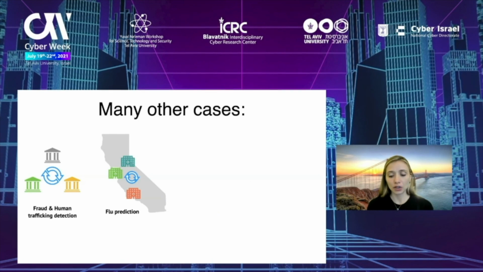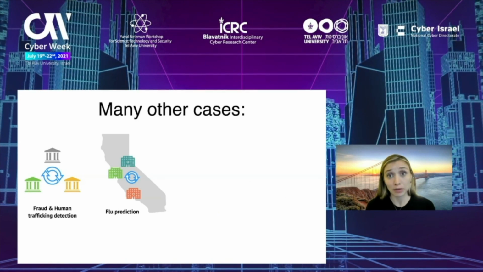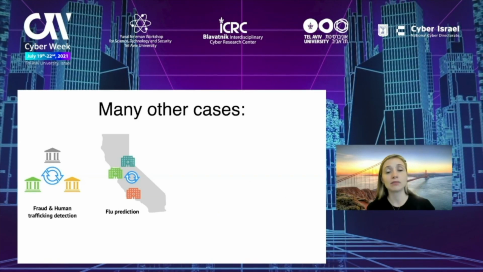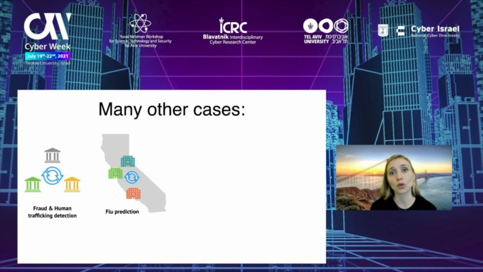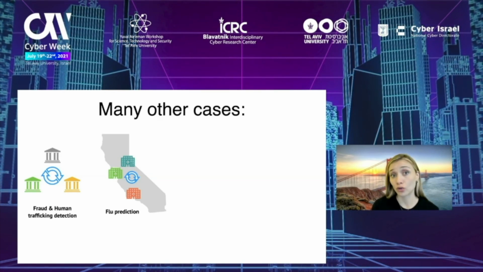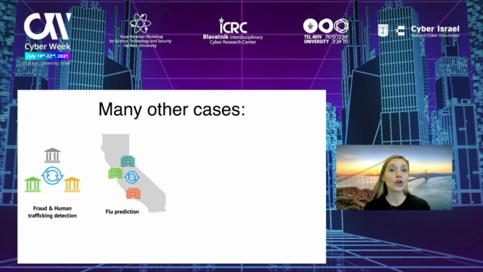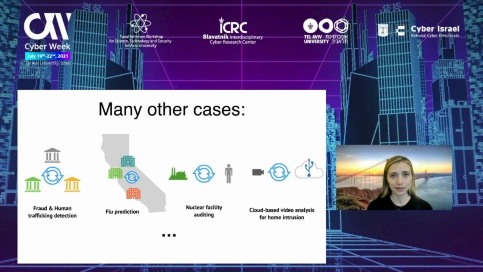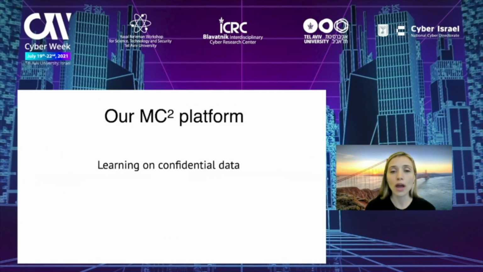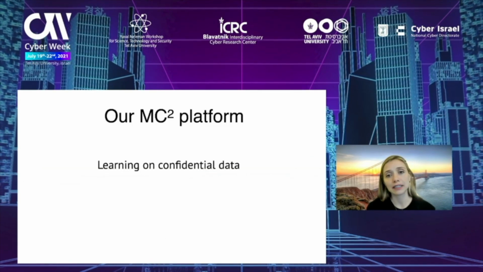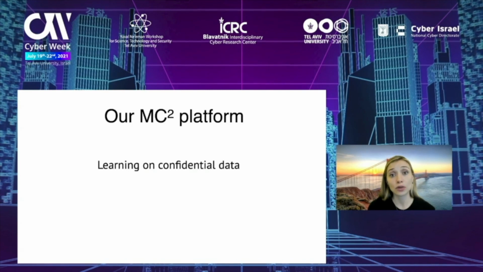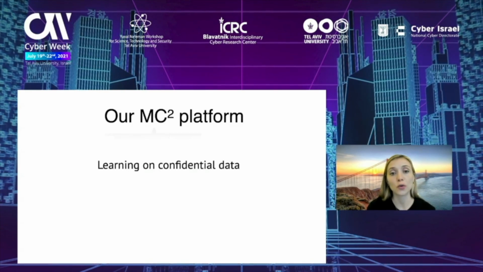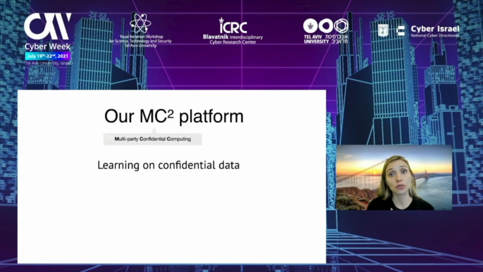Besides this, the need to collaborate with confidential data that people cannot see shows up in many other cases, in many other financial cases, such as fraud and human trafficking detection through financial forensics, or flu prediction or cancer diagnosis, and so many other cases. This is why my students and I at UC Berkeley have been developing the MC Squared platform, which stands for Multi-Party Confidential Computing.